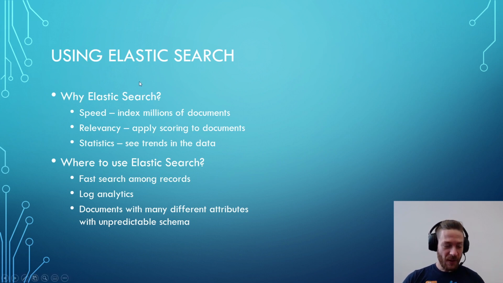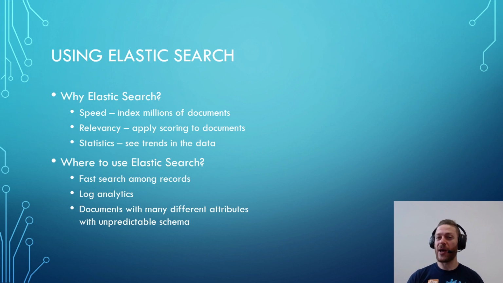The second thing that Elasticsearch is very good for is relevancy, because Elasticsearch applies scoring to the searches. So for example, if you have a lot of text, let's say the most simple example here, you have a blog with a lot of articles, with a lot of texts and quite a lot of information in it.